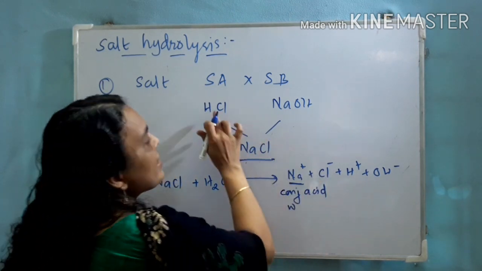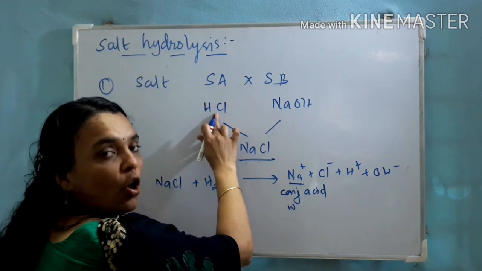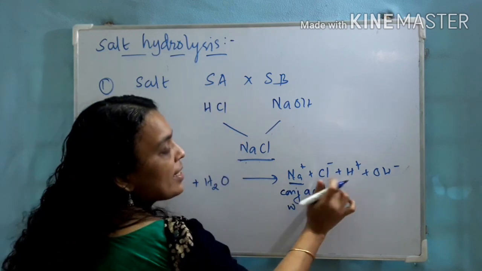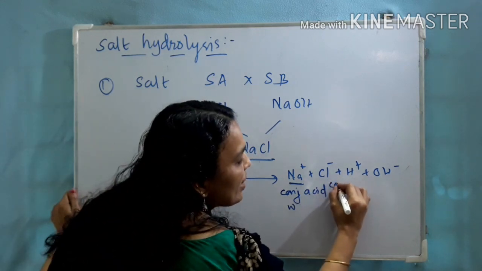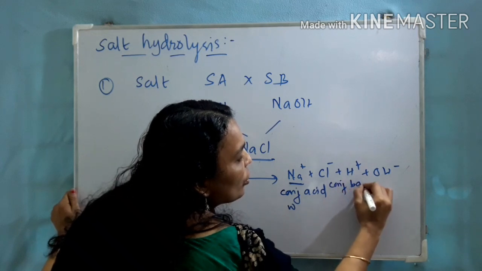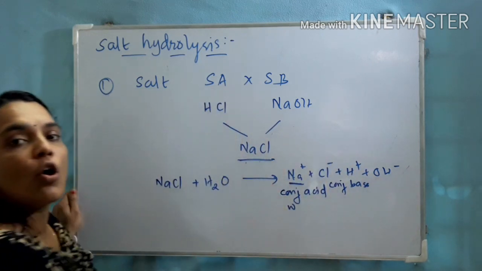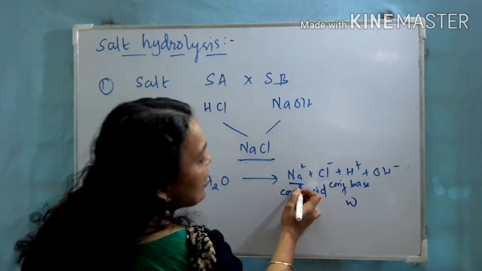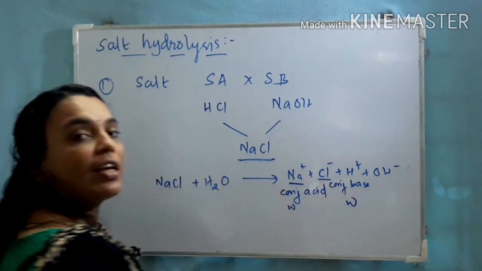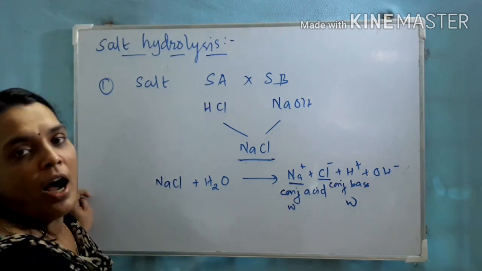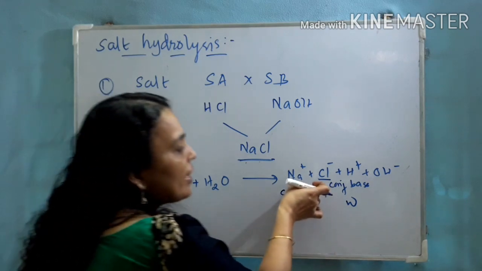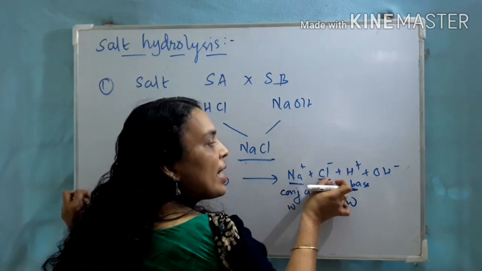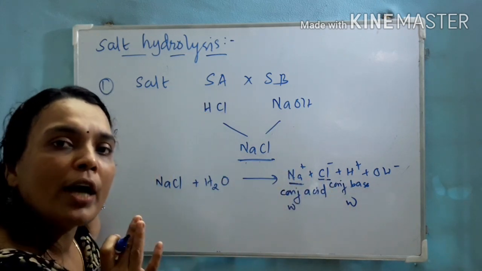Similarly, Cl- is coming from HCl, a strong acid. So Cl- is the conjugate base of a strong acid, so again it is weak. So it is a weak acid as well as a weak base, and won't undergo hydrolysis. So in this solution Na+ and Cl- never undergo hydrolysis.